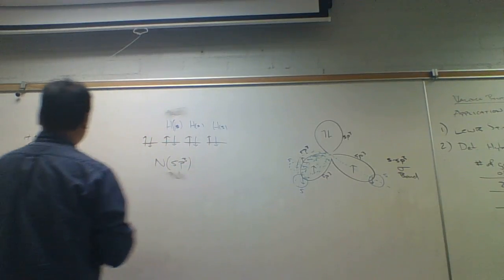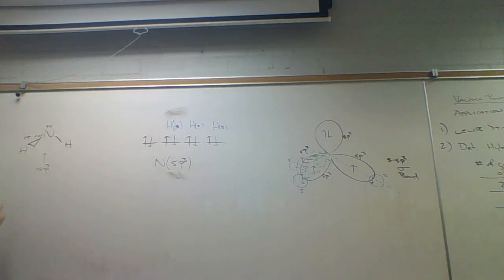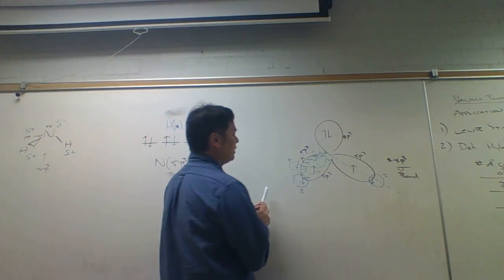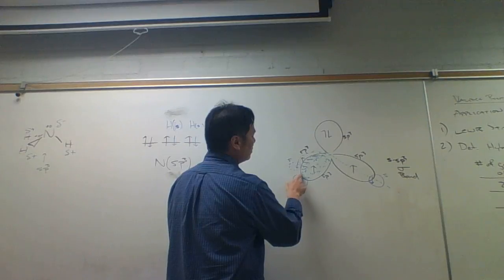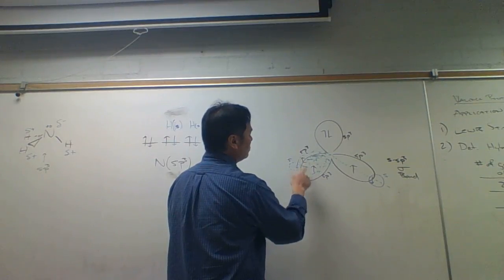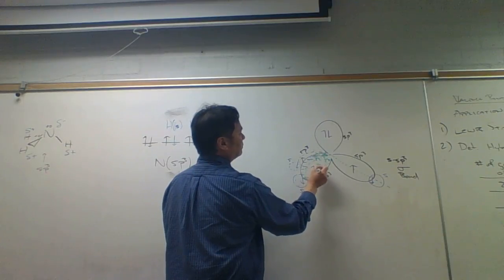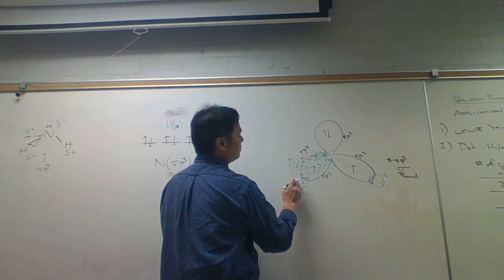In other words, what we're going to see here is this: this is going to be delta minus, and these are delta plus, and delta plus. We can show that by showing a skewing of the electron cloud. The electron cloud is going to be skewed towards nitrogen. I'll just draw it on one.